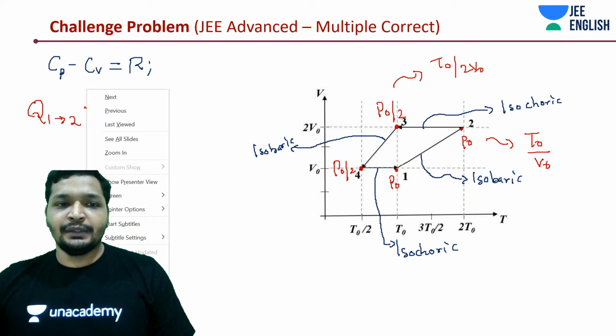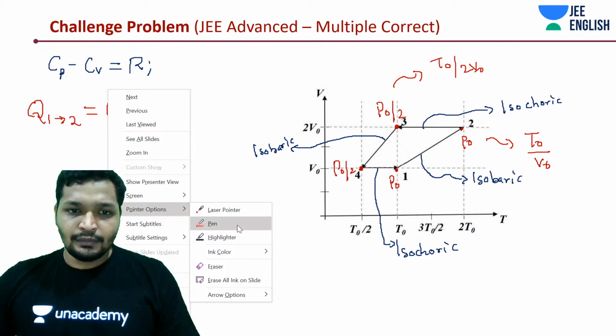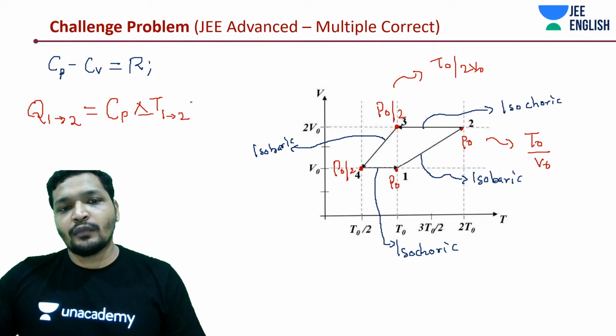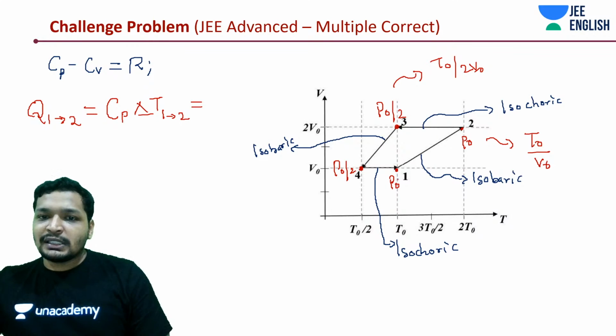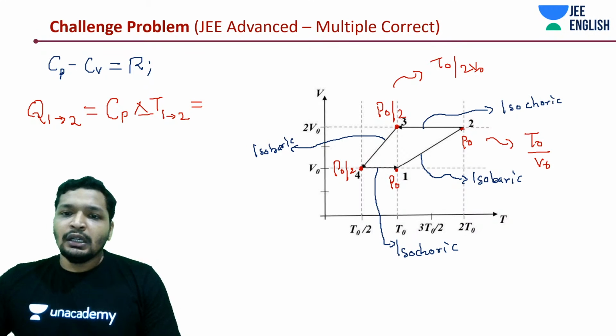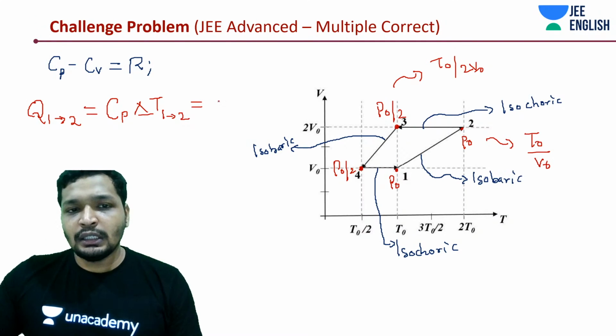What is the change in temperature from 1 to 2? It was T0 to 2 T0, basically 2 T0 minus T0, so it's T0. CP T0.